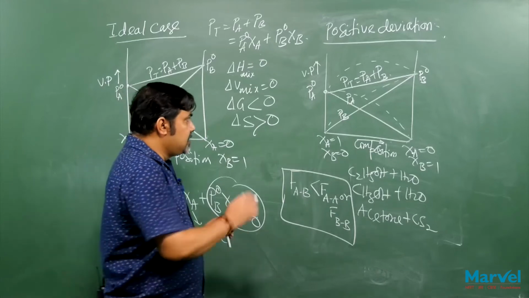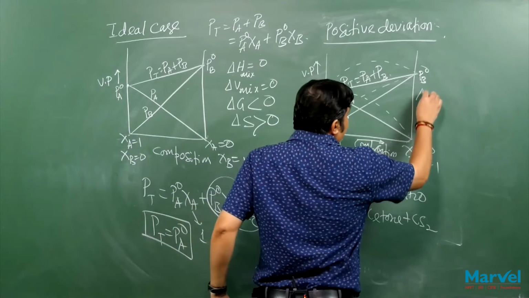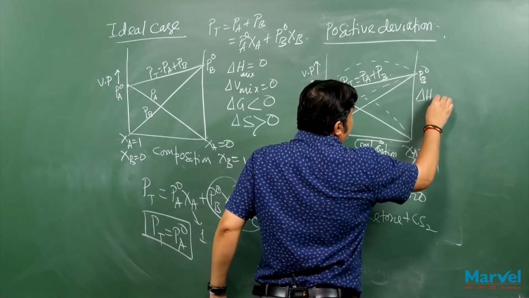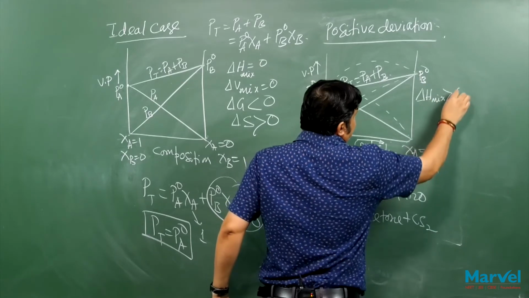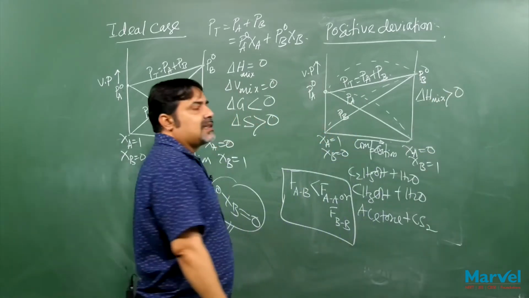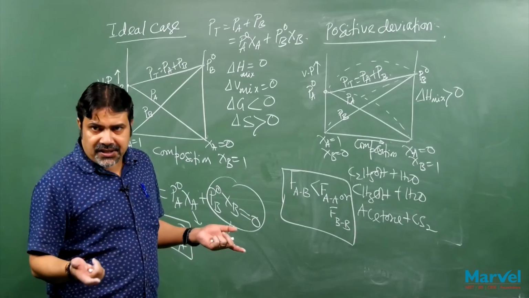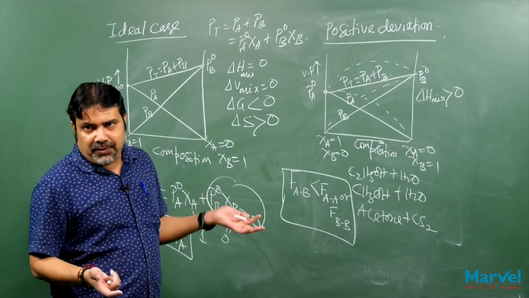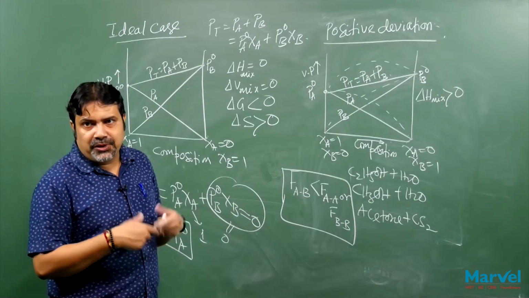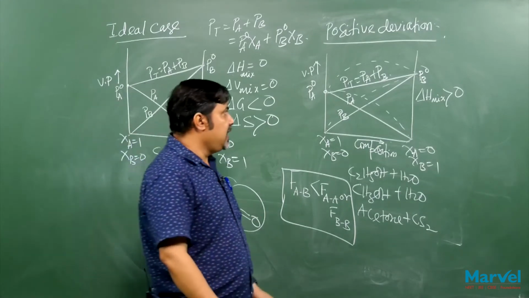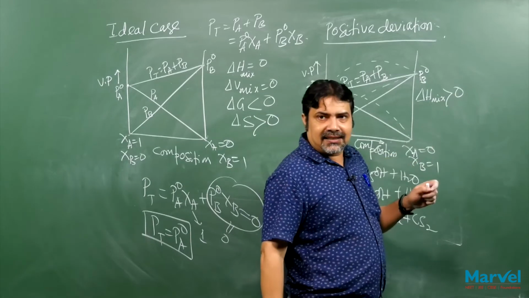Now in this case we can discuss that delta H of mixing will be greater than 0. That means here the force of attraction is not there, so bond formation will not be there, and positive deviation means the repulsive force will be strong. So delta H of mixing will be greater than 0.